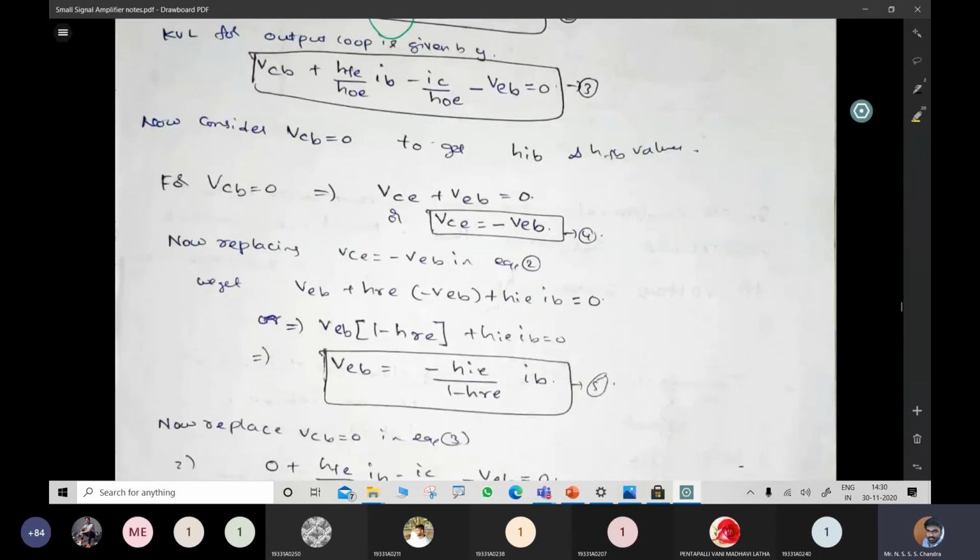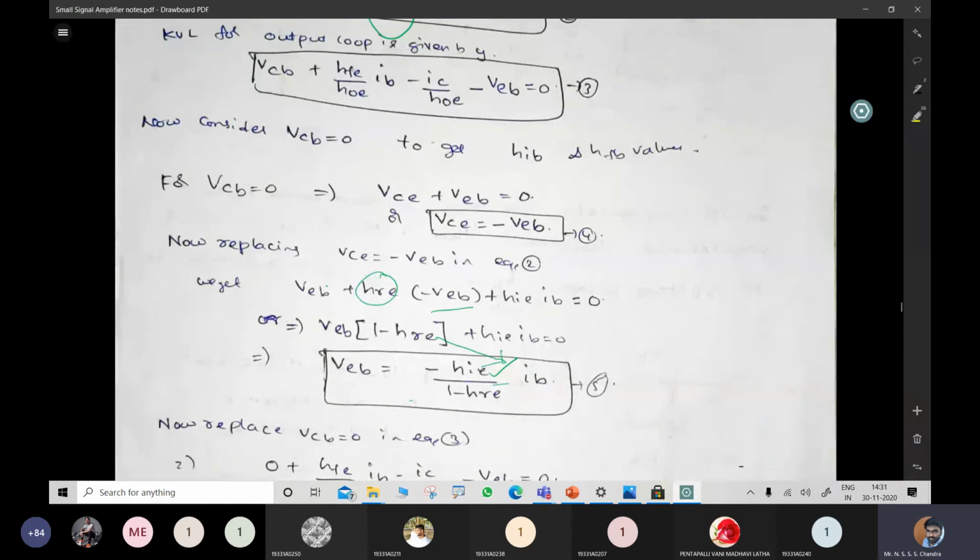So if I have replaced, what we are going to get is VEB into 1 minus HRE plus HIE IB equal to 0. So from this we are going to get a relationship between VEB and IB. So VEB equal to minus HIE, this we are taking to the denominator, 1 by 1 minus HRE into IB.